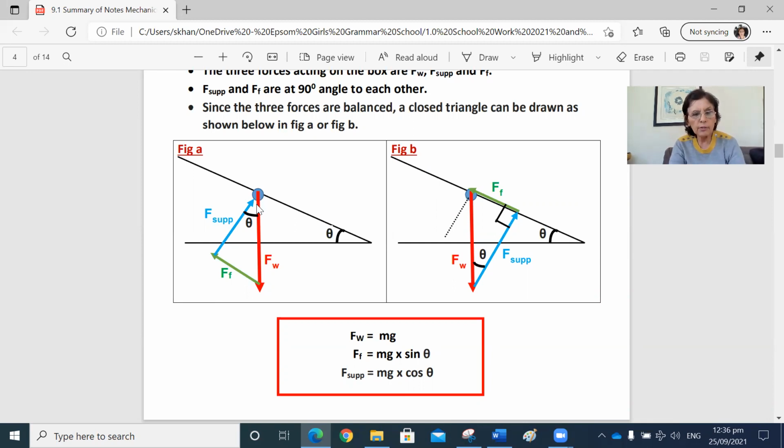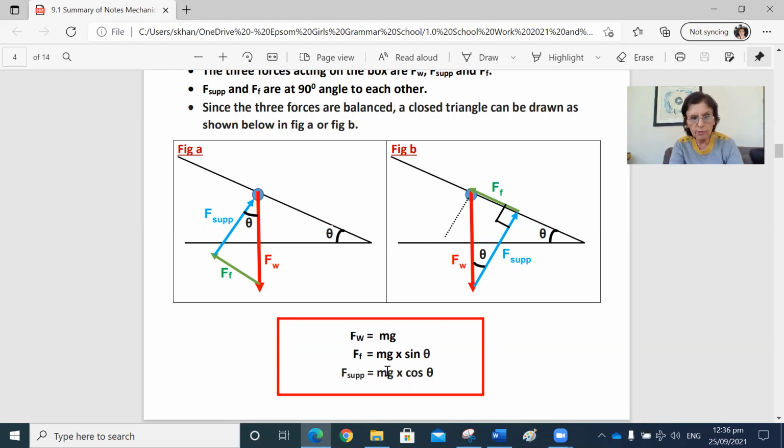Once we have done the closed triangle, then we can calculate the size of the friction force or the support force, because this angle is 90 degrees. And we know that weight force is mg, so we can calculate the weight force. And the friction force is the opposite side.